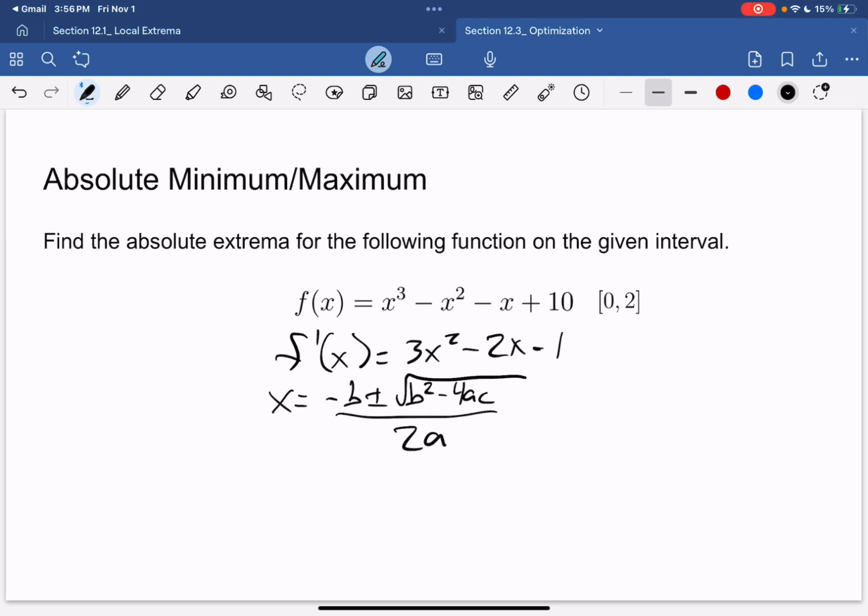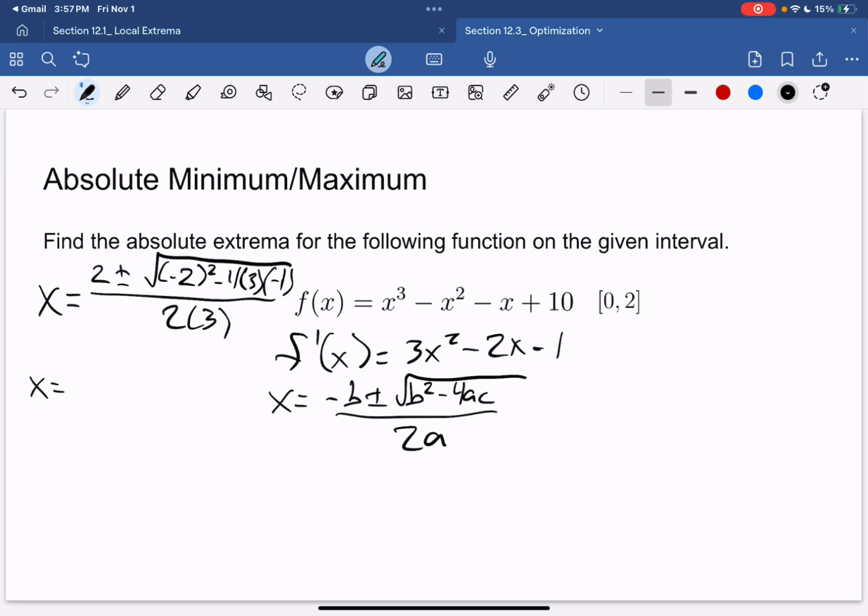All right, so b is -2, so I have the negative of -2, so I have +2 plus or minus the square root of -2 squared minus 4 times a is 3 times c is -1, all over 2 times a, which is 3.